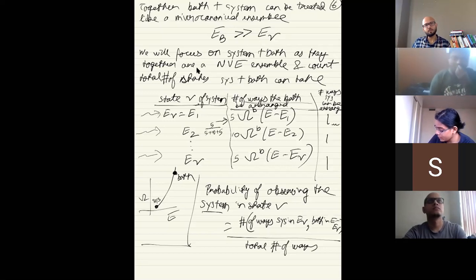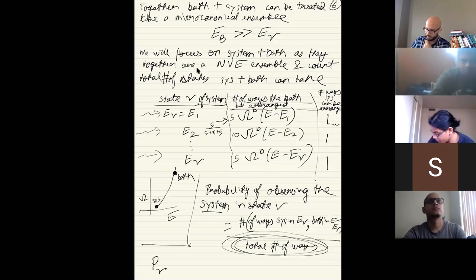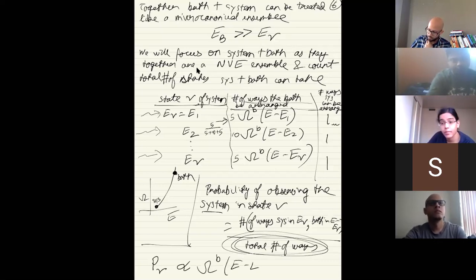You don't just have 3 of them, you have many, many of them, but it's going to be proportional to this thing. The denominator is just a proportionality constant. So we can say that the probability of observing a given microstate is therefore proportional to omega bath of E minus E nu.